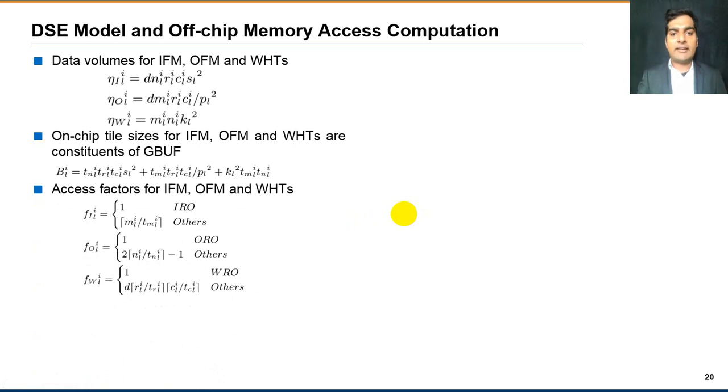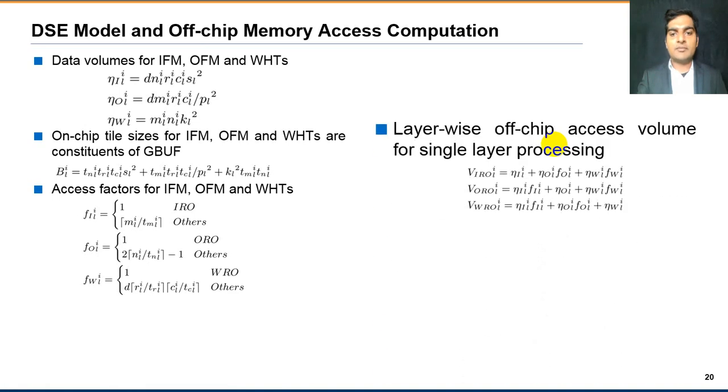Note that the access factors for input feature maps, output feature maps, and weights are 1 for IRO, ORO, and WRO respectively, since for each of these cases the tiles are required to be shuttled only once. For a particular data reuse strategy, the total layer-wise off-chip access volume is equal to the sum of the products of the corresponding data volumes and access factors, and is given by these equations.